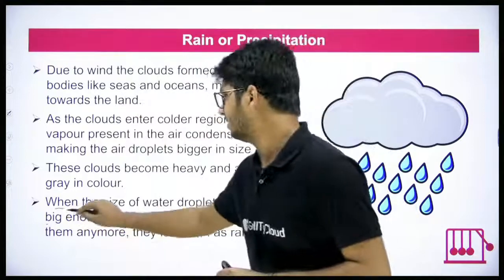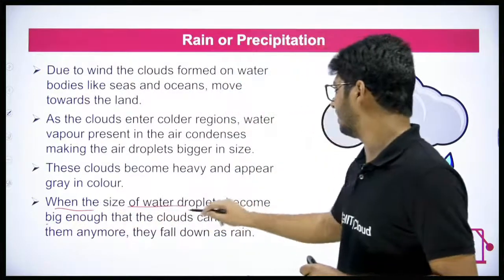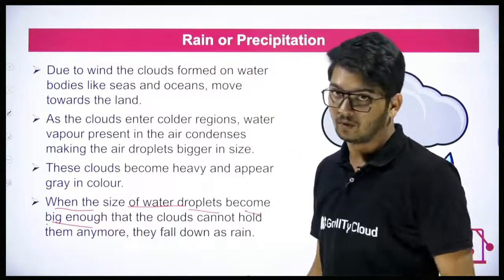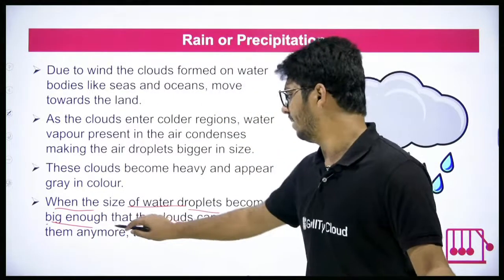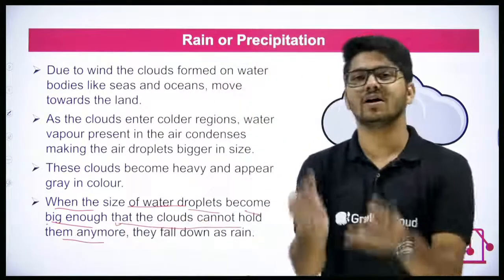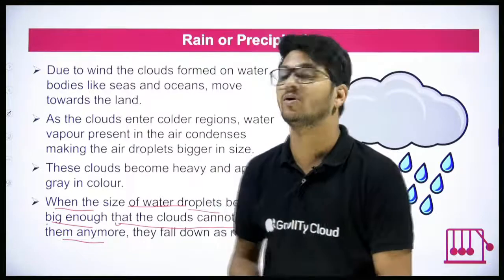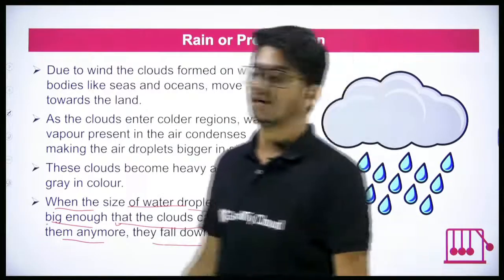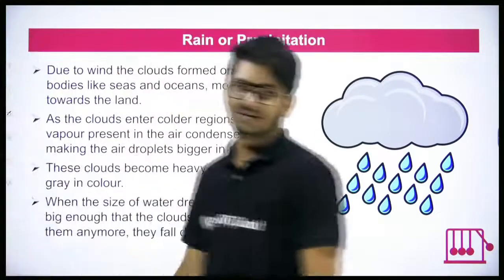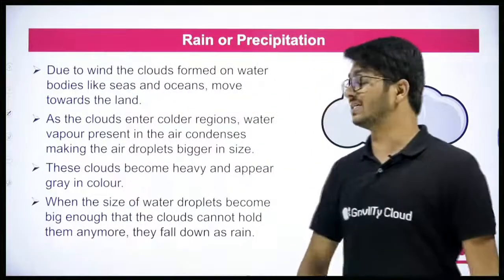And again, see this. When the size of water droplets becomes big enough, what happens automatically? They become so big that the clouds cannot hold them anymore. Clouds cannot carry them anymore. They fall down. They fall down as what? They fall down as rain. Okay, so understand the process again.